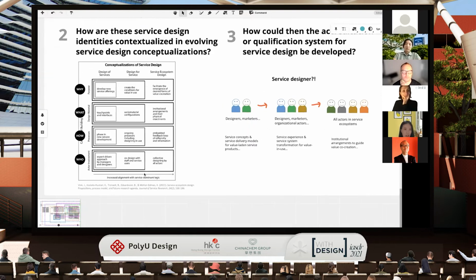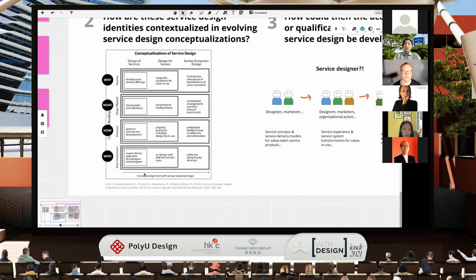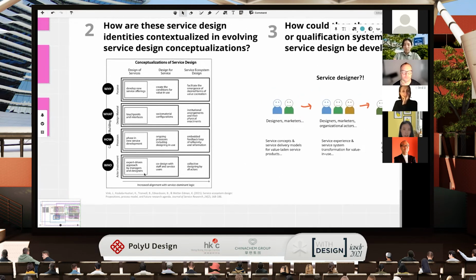And here I brought a very good overview of 3 different service design concepts, which are design of services, design for service, and service ecosystem design. And each of these perspectives really focus on different purpose, design material, and process and actor involvement about service design.